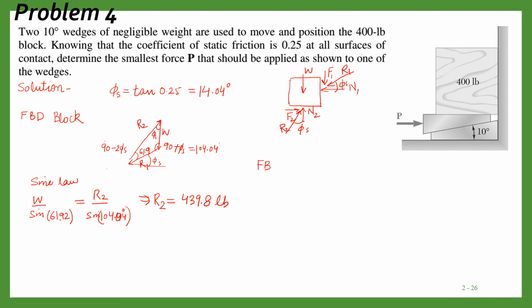Okay. Now the next step is to draw the free body diagram of the wedge. So this is your wedge. We will have R2 on top.